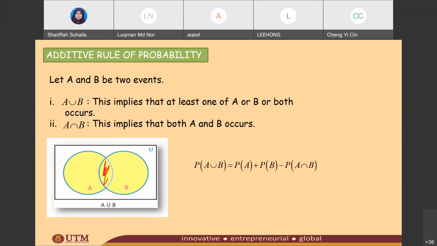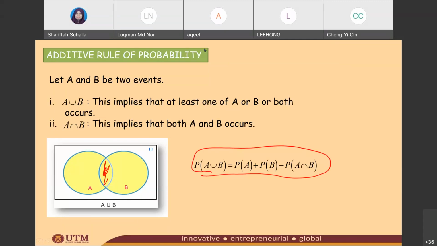Maybe during your SPM level the formula is given, but for foundation, we expect you to memorize it because it is always used.